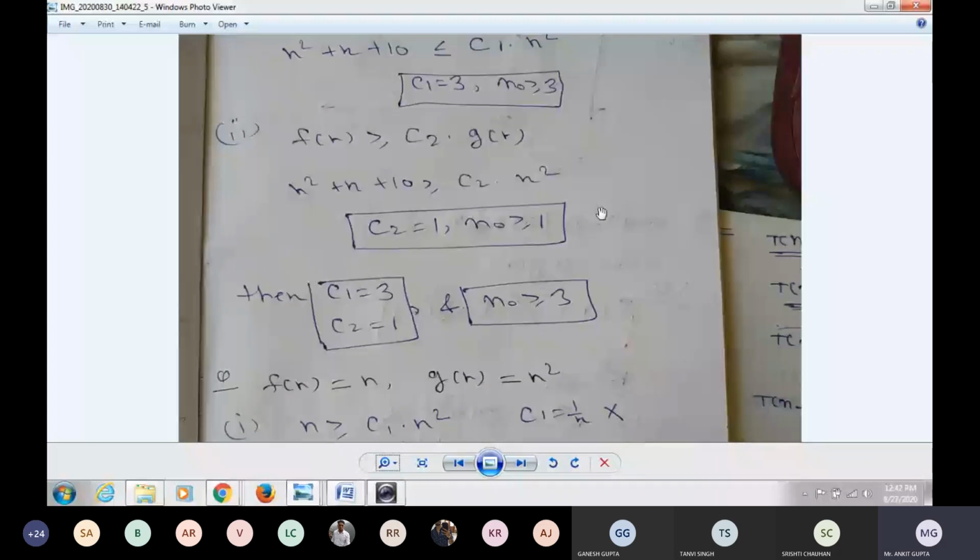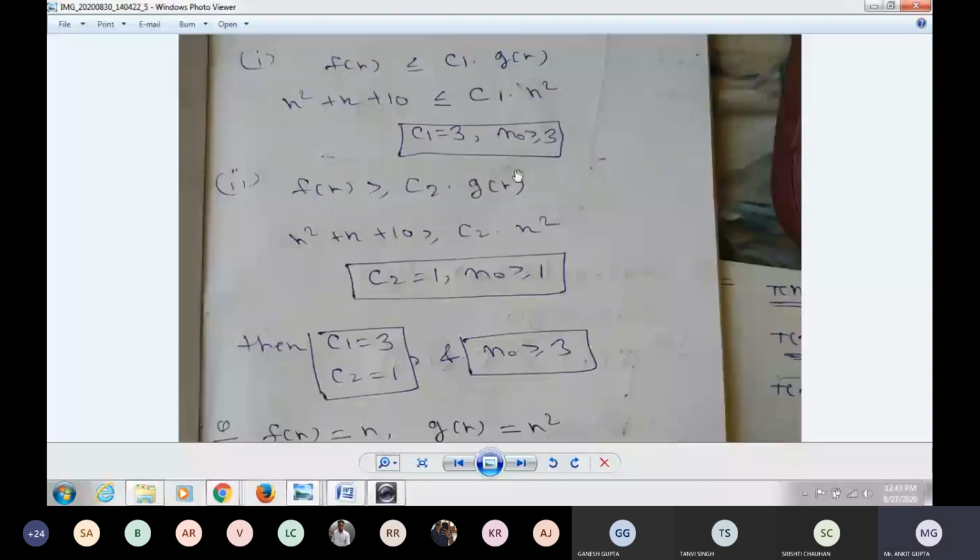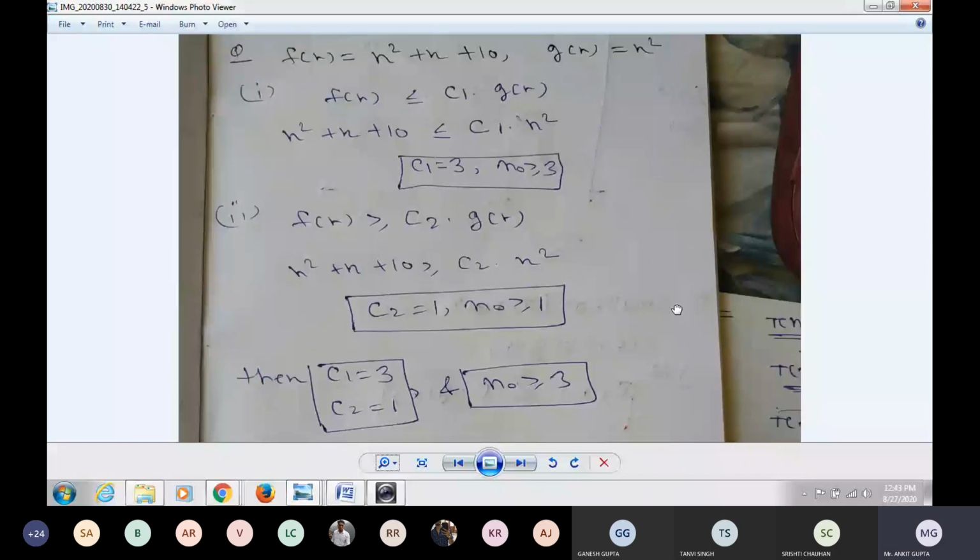In big O I am getting n naught greater than or equal to 3, and in big omega n naught greater than or equal to 1. Combinedly, n naught is greater than or equal to 3. So for these constants, f of n is equal to theta of g of n.